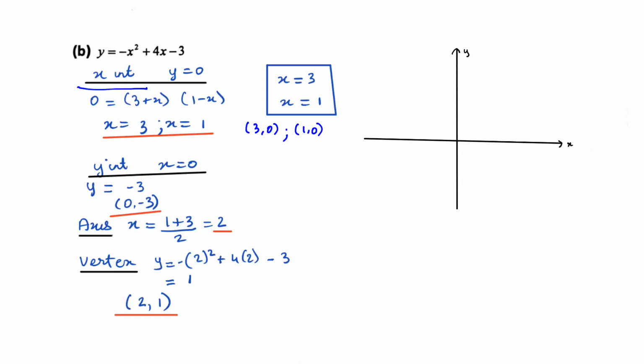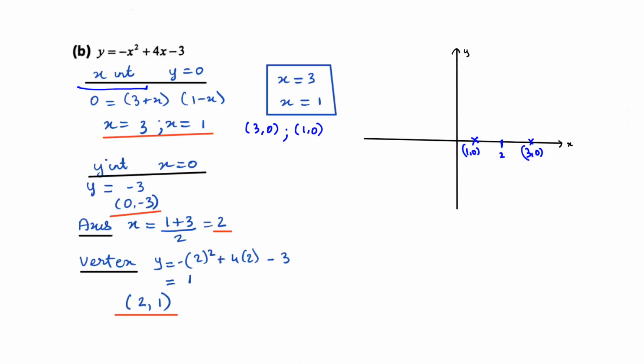Remember, the first thing we do is the x-intercept. So the points are 1, 0 and 3, 0. The second thing is your axis. Our axis is x is equal to 2. Make it in the midpoint of 1 and 3.